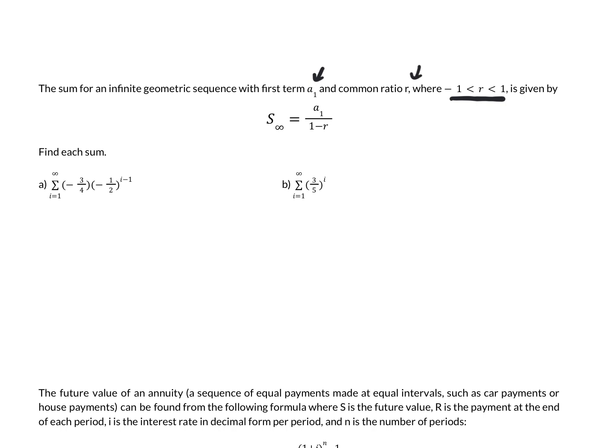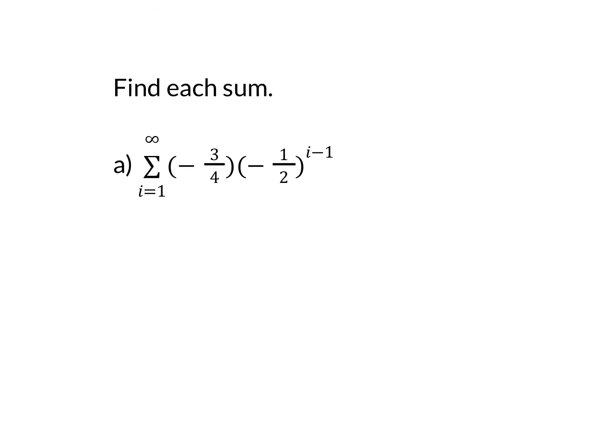So I've got a formula here for our infinite sum of a geometric sequence is A sub 1 over 1 minus r. So I'm given this series here from 1 to infinity of negative 3/4 times negative 1/2 to the i minus 1.